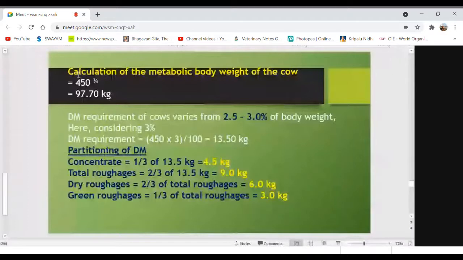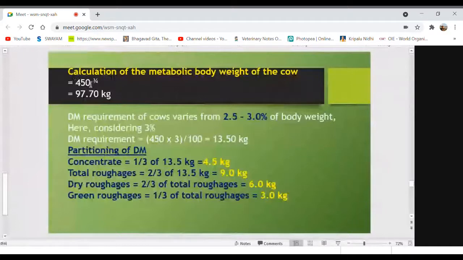How to calculate? This is 450 to the power of 3 by 4. Actually, these things you can calculate very easily, but since there is no option, I'm unable to show you here.